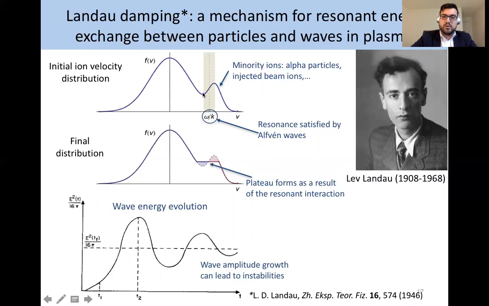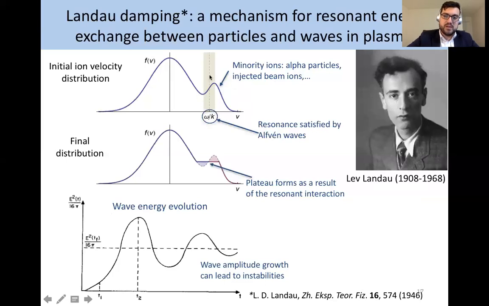You have a bulk of so-called thermal particles, where most of the particles are, like deuterium and tritium. However, you do have a minority of particles from fusion products, alpha particles, and also highly energetic beam ions that are injected to heat the plasma.